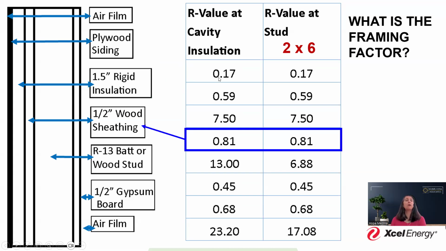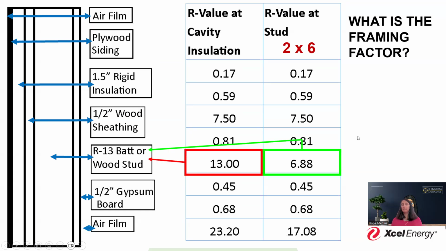Then we have our 1/2 inch wood. That's giving us our wood sheathing, 0.81. Then we have our batt insulation. This is the location that we're going to find these differences. And the difference is because when we have that R13 in the cavity, we have insulation and that R value is an R13. Now, when we go to where the wood is, there's no insulation of that wood.